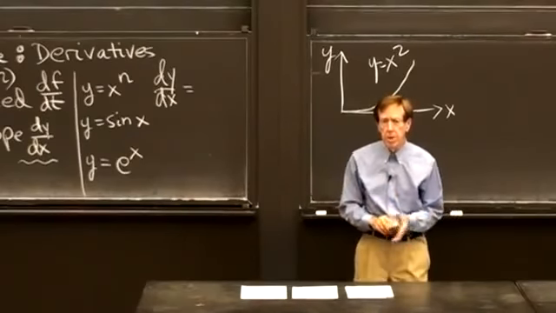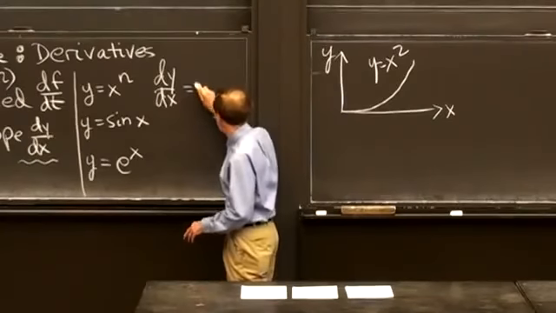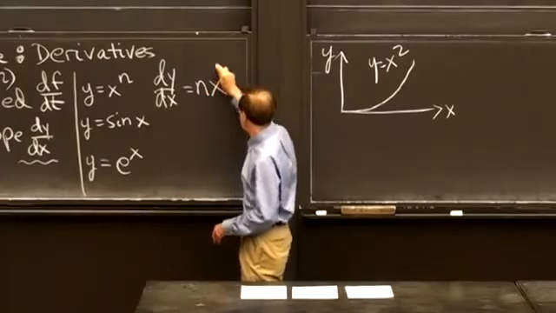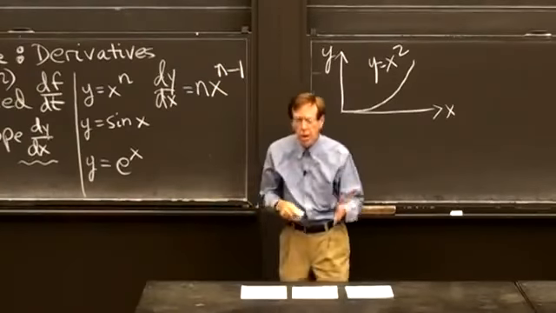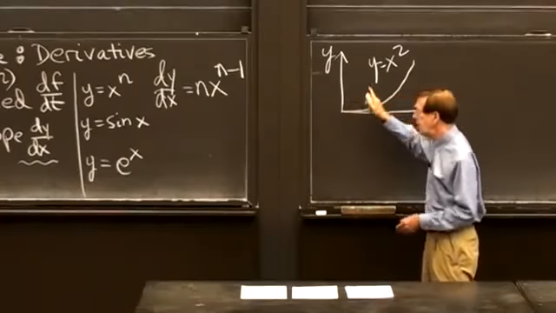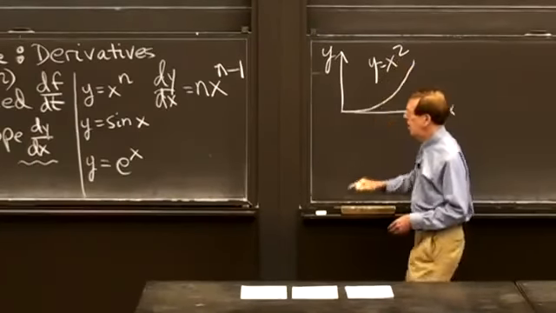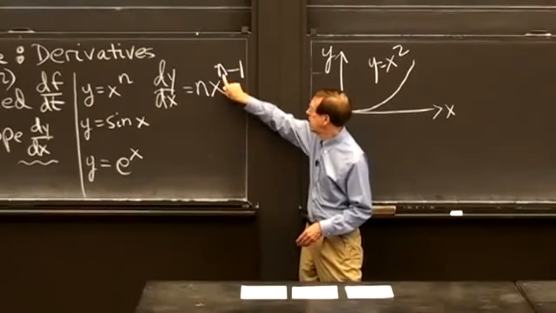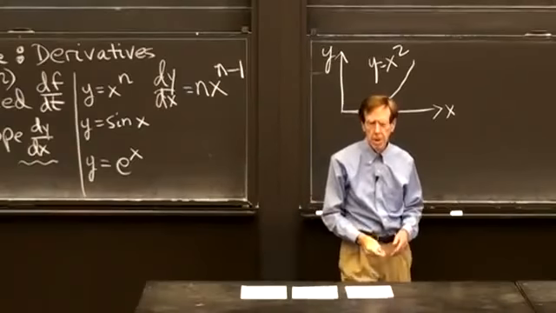Shall I tell you the derivative? The derivative is easy to remember. It's that number n. It's another power of x, and that power is 1 less. One down. You lose 1 power. So I'm going to go through the steps here for n equal to 2. So I hope to get the answer 2 times x to the 2 minus 1, which is just 1, so 2x.